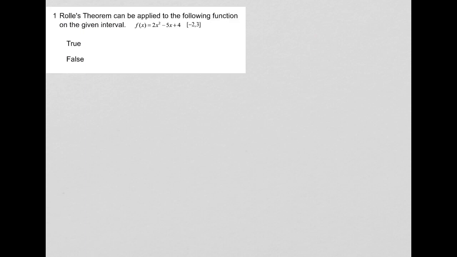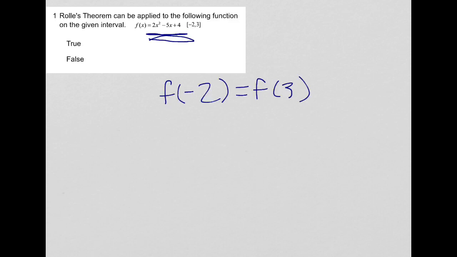So this next question asks us, Rolle's theorem can be applied to the following function, so we're supposed to say whether that's true or false. So we have to test the 3 conditions. This is a parabola again, so it's going to be continuous and differentiable. So the only thing we need to see is, does f of negative 2 equal f of 3?